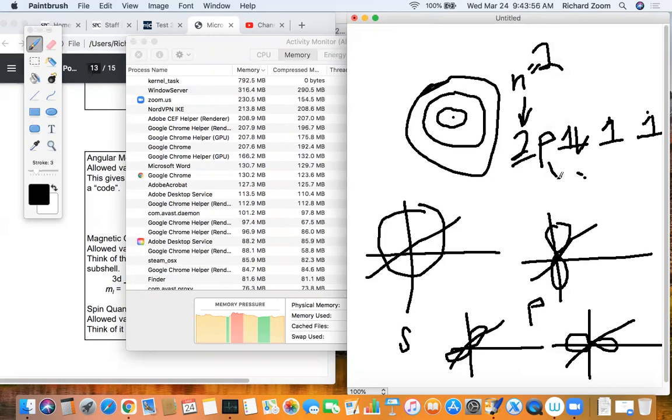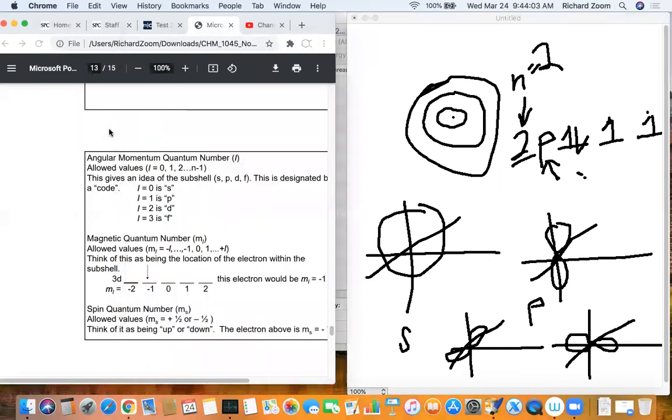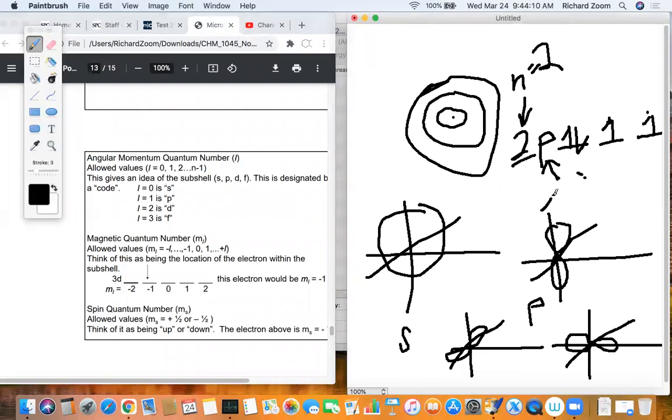Okay, so P here, that would be the L value, and in this case, L equals 1. That's in accordance with what we've got going on over here. So L equals 1, that's P. And then we need to be able to say, well, which one of these is the electron actually in?